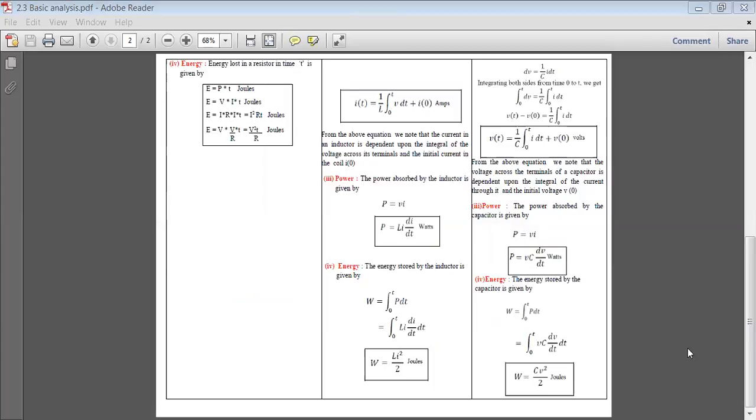Now I of t is equal to 1 by L integral 0 to t V dt plus I of 0 amperes. This is the current flowing through the inductor.